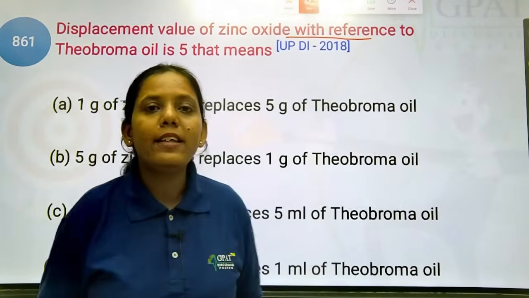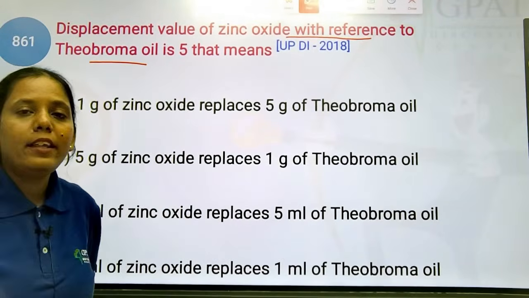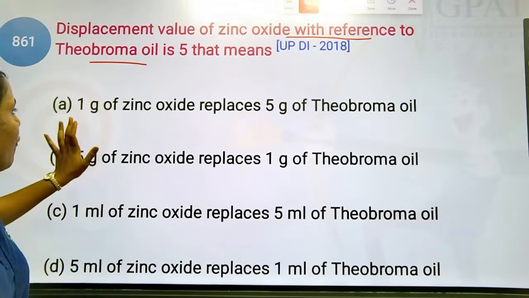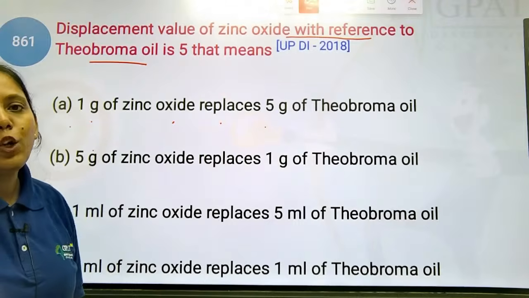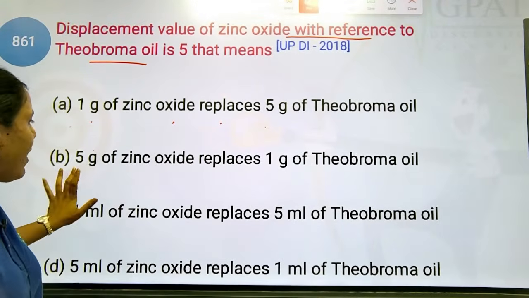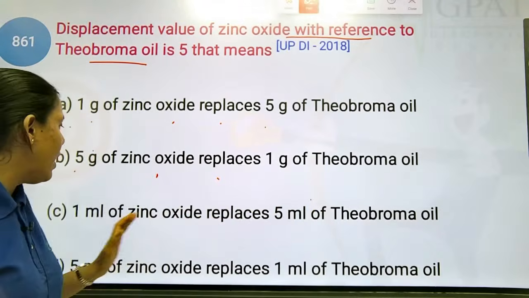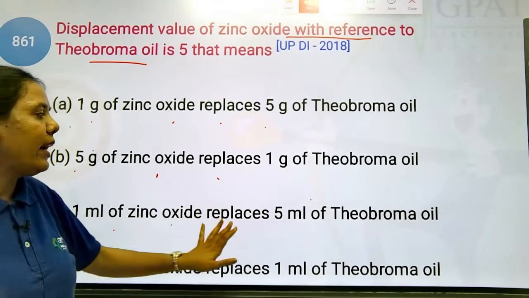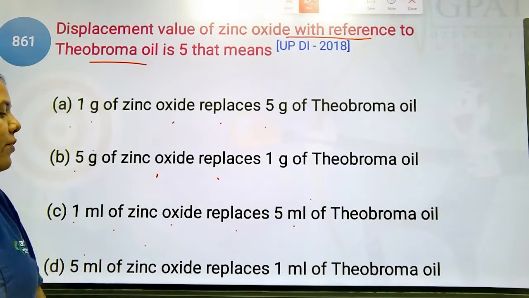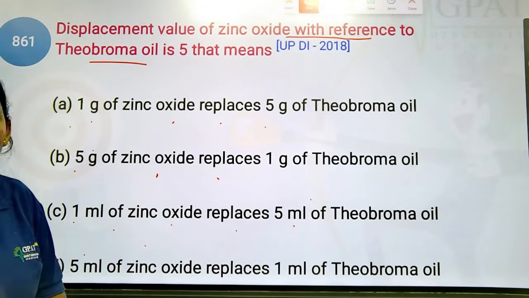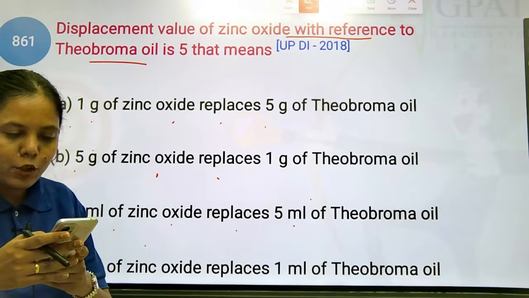Your zinc oxide is referred to as drug and your oil is nothing but the base. 1 gram of zinc oxide replace 5 gram of oil, or 5 gram of zinc oxide replace 1 gram of oil. 1 ml of zinc oxide replace 5 ml of oil, or 5 ml of zinc oxide replace 1 ml of oil. What should be the correct answer for this one?